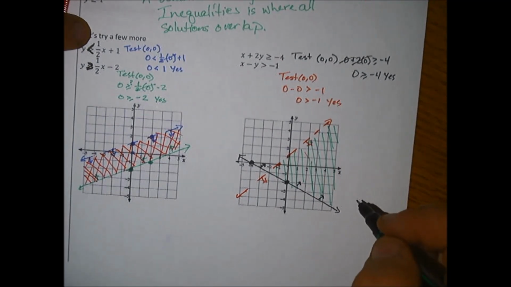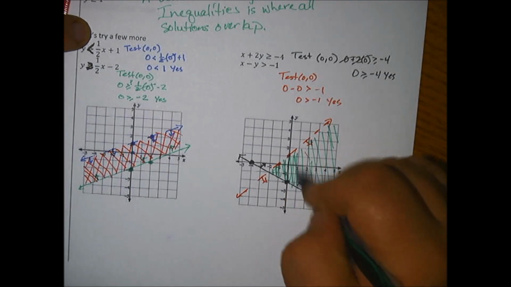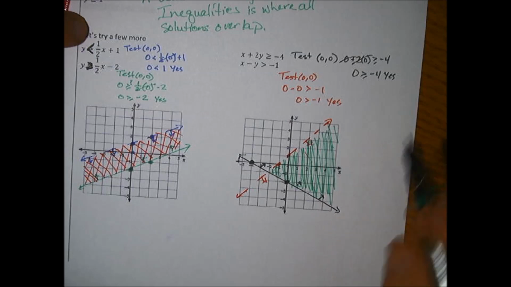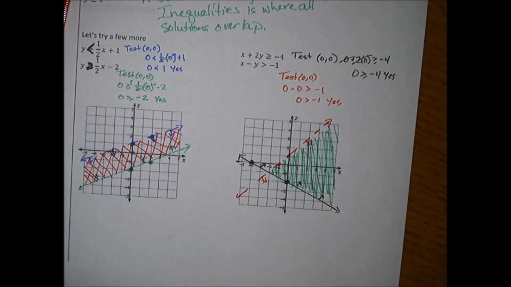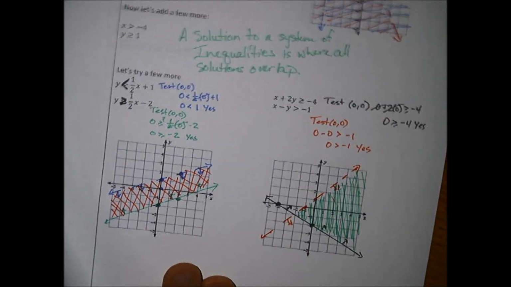And I know the green's kind of light, but you can see where I should be shading. It's just this area right there. Okay, that's pretty cool. All right, sort of sets up boundaries for sets of points. Let's go ahead and move on.